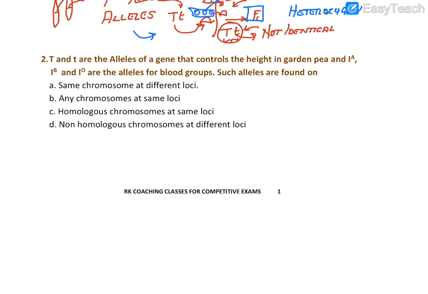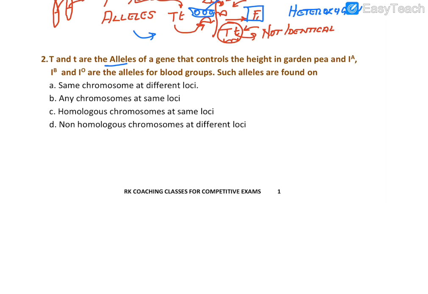This question is mainly based on alleles as well as multiple alleles. In the question, capital T and small t are the alleles, as we have just discussed, of a gene that controls height in garden pea. But if you take IA, IB and IO, even these are alleles. These three alleles control blood group.